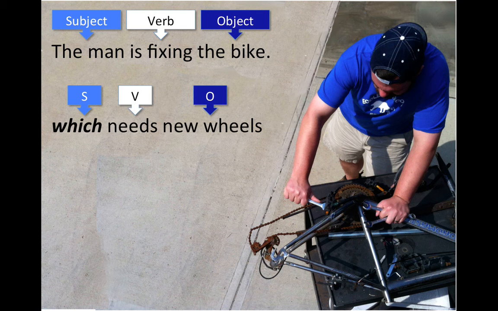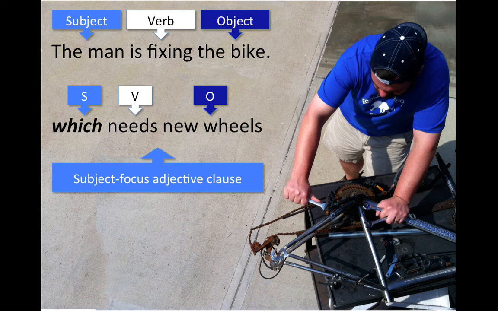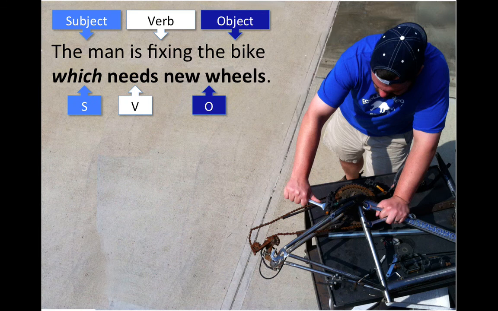And notice this is a subject-focused relative clause because we've changed the subject. So when we put it into the main clause, a subject-focused relative clause looks like this: the man is fixing the bike, which needs new wheels. Our main clause has a subject, verb, and an object, and we're describing the object with our relative clause, which is still in subject, verb, object order because our relative pronoun is the subject.